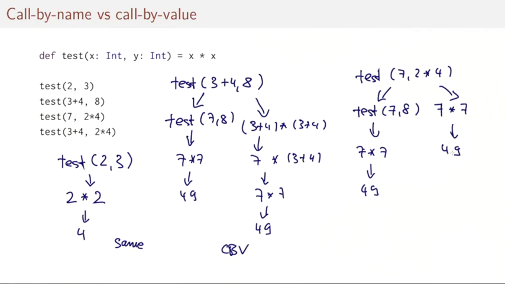So in this case we have avoided the unnecessary computation of the second argument, and call by name is faster. The fourth example, test(3 + 4, 2 * 4), combines the evaluations of the second and third example, so it comes as no surprise that it's again a draw, that call by value and call by name reduce in the same number of steps then.